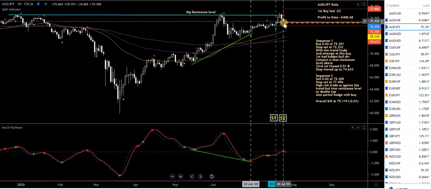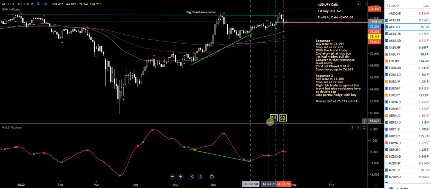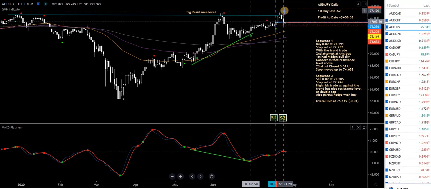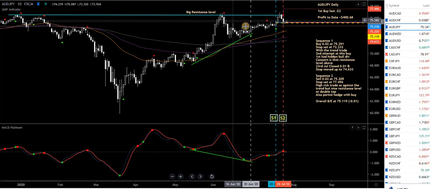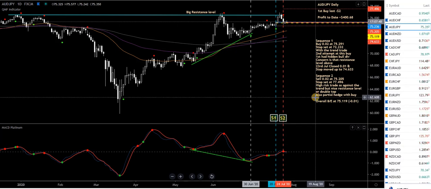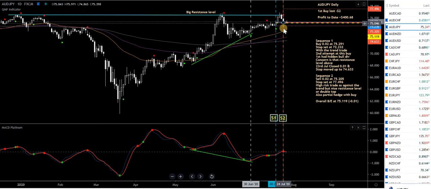And just the other day, I've taken a sell trade in here also. So I've got S1, S2, two completely independent trades. Stops are marked by these red dotted lines. So here's my stop for the sell. I like this big resistance level, even though it's a high risk trade, and you can see I've written that in the notes here. High risk trade because of trading against the trend, but big double top up here or big resistance level, depends which way you want to look at it.